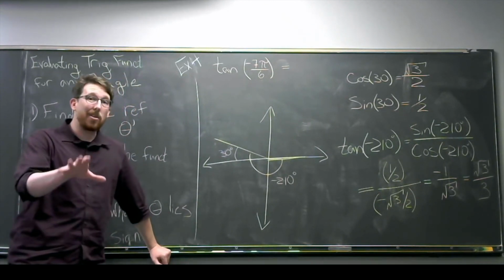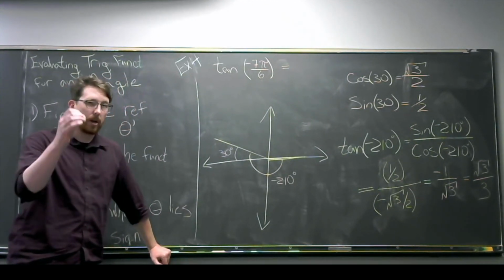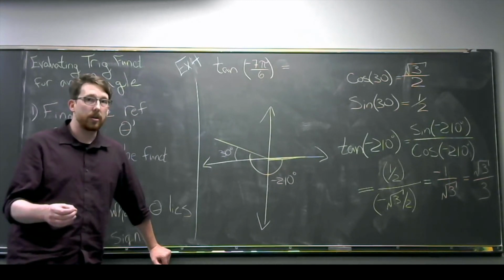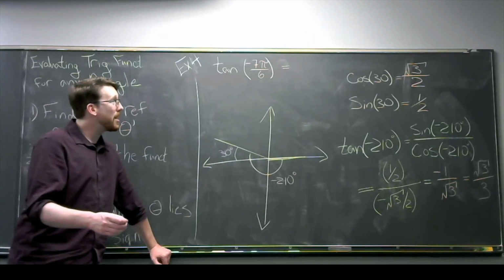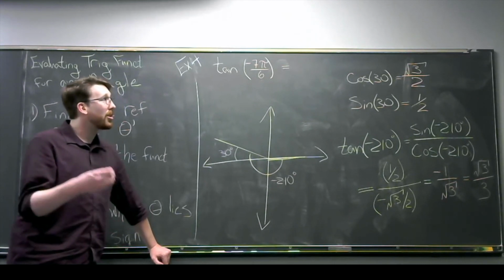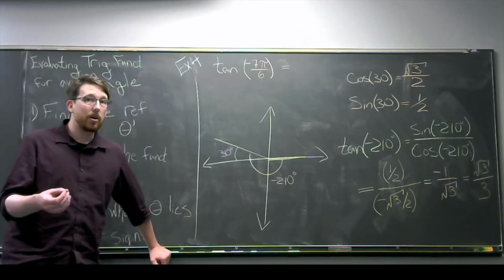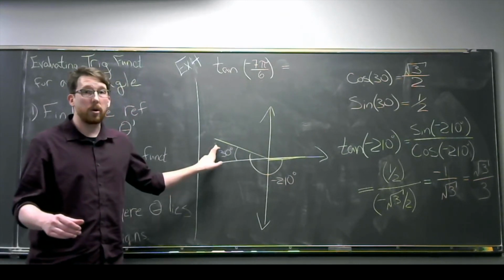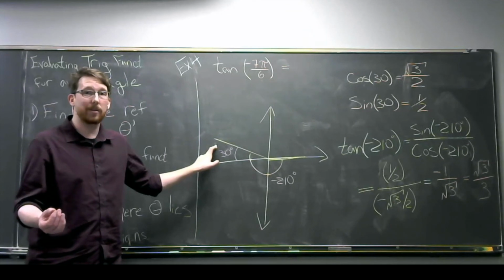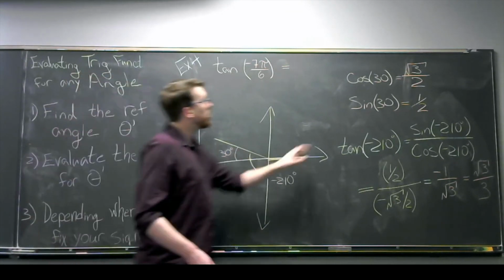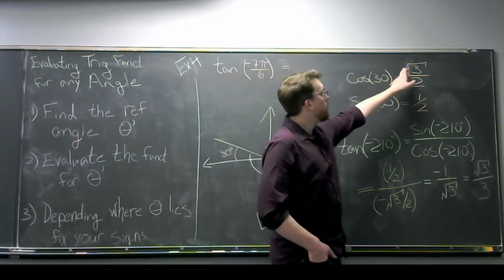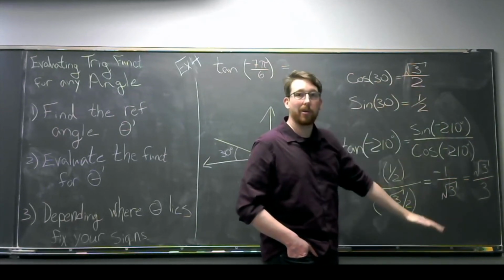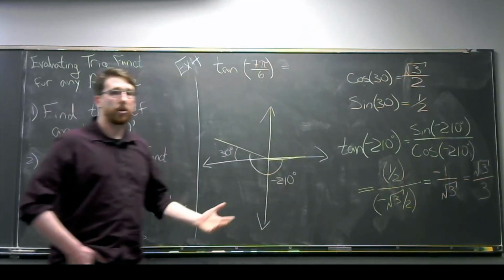And then because of all of this, I was able to say, all right, tangent of negative 210 degrees. Well, it's going to be like calculating the tangent of 30 degrees, but with the appropriate sign. And since I know cosine is going to be negative and sine is going to be positive, I can just go back to the 30 degrees, make cosine negative, sine positive, and calculate it the rest of the way through. That's all there is to it.